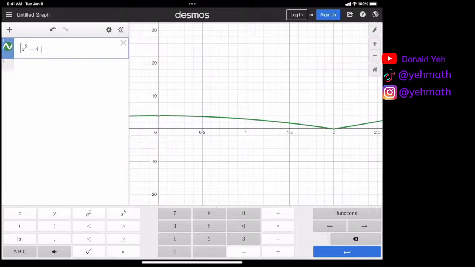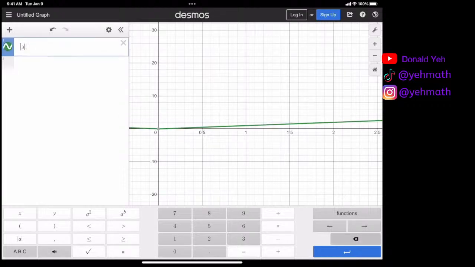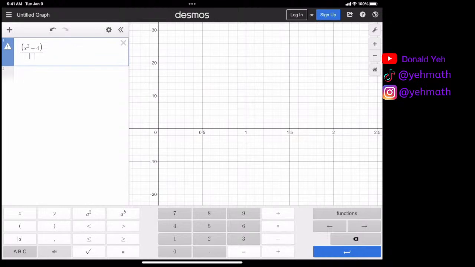It wasn't absolute. Oh, the absolute value is on the bottom. So let me do parentheses then. Absolute value of what?